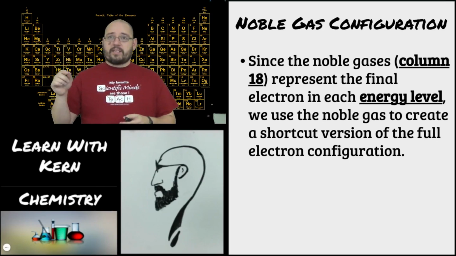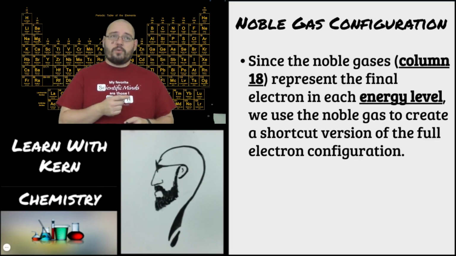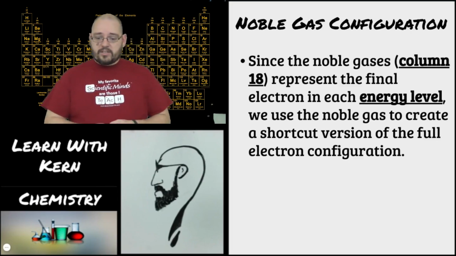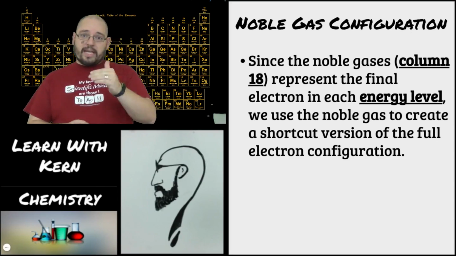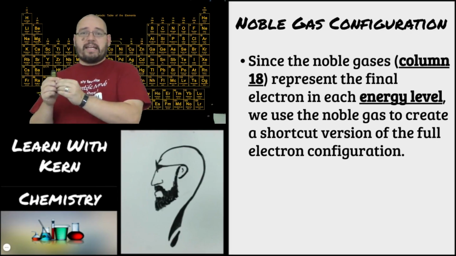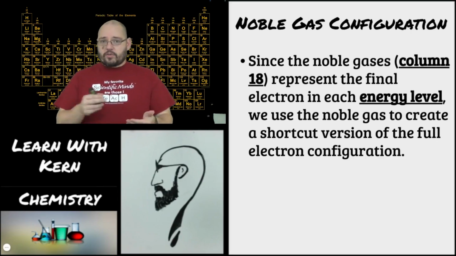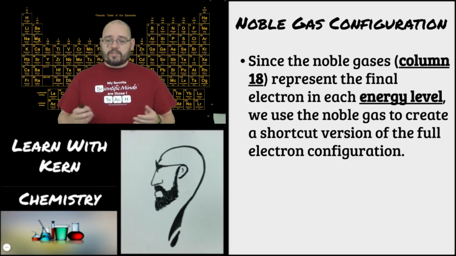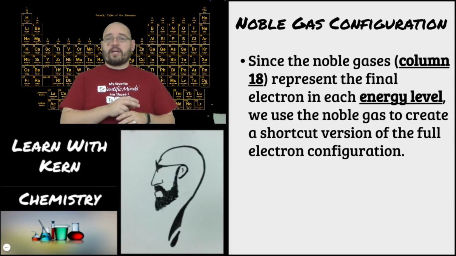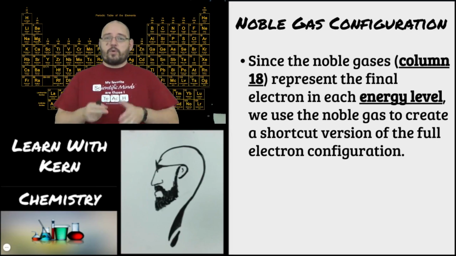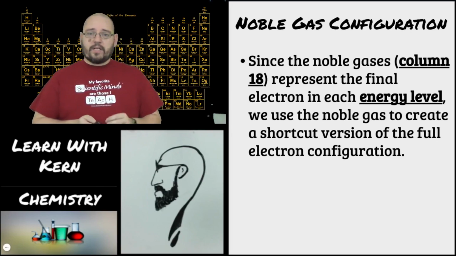And then once you get past, say you're at argon, once you get past argon, it moves over to the next row, which would be potassium. It goes down to the next period. So each noble gas represents the last element in that energy level before you go on to the next energy level, and then start those repeating patterns of properties again. So we use the noble gases as a shortcut in writing the electron configuration. Instead of writing out the full electron configuration, we use the noble gas as a way of shortening it.